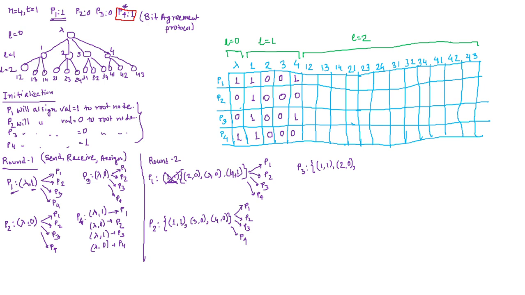It will send value 1 for node label or node tag 1, right? All this information is sent to all the parties.